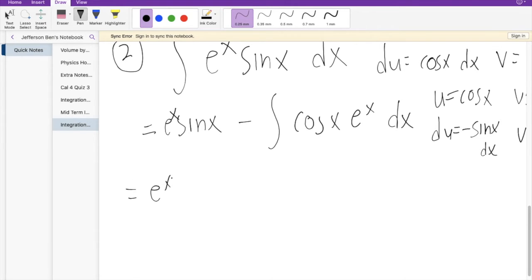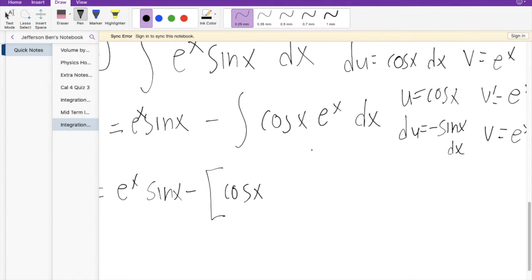So we will get e to the x sine x minus uv. Remember the bracket, sometimes you will mess up the sign. u is cos x, v is e to the x, minus the integral of v du, which, since du is negative, becomes a positive: e to the x sine x dx.